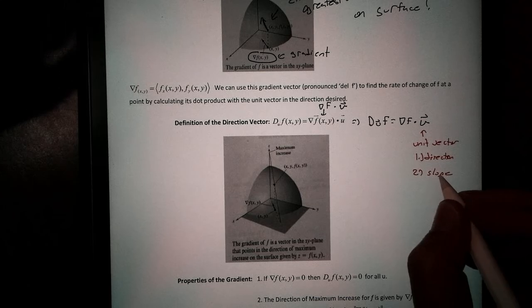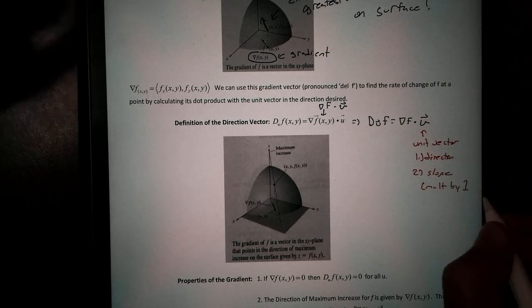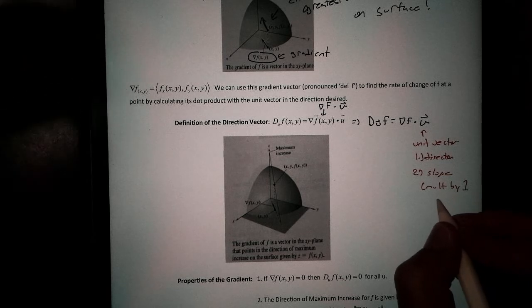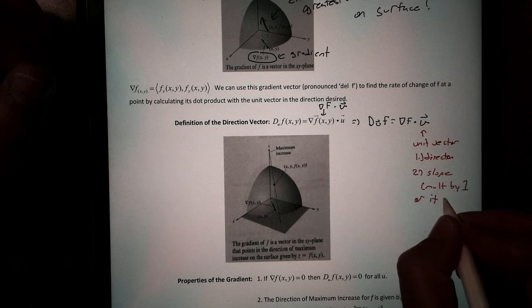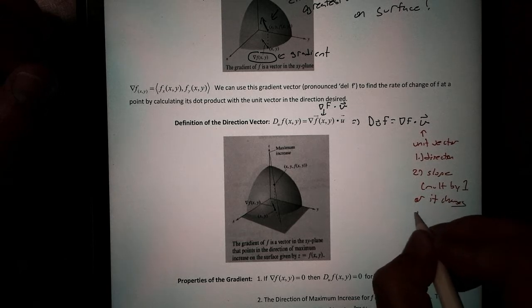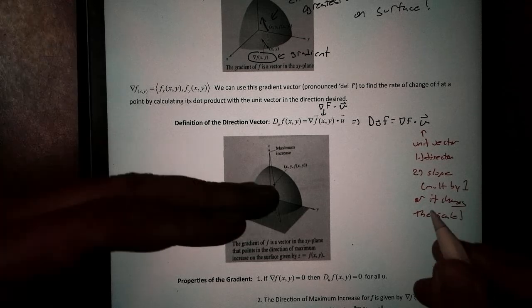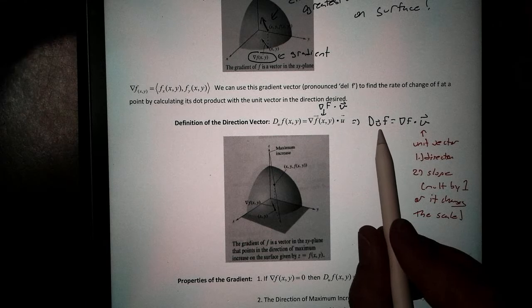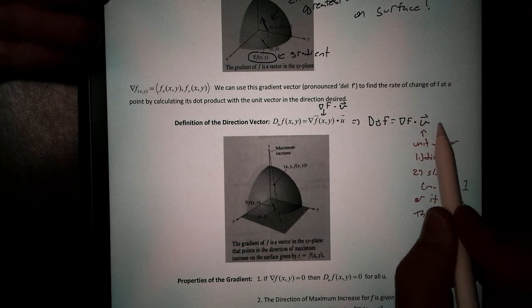Now, we have to multiply by 1. It has to be a unit vector, otherwise it changes the scale. And we talked about that in our last video. If we multiply by anything other than 1, like let's say my slope, remember the direction vector gives us slope, if this was 2, it would be doubling our slope.